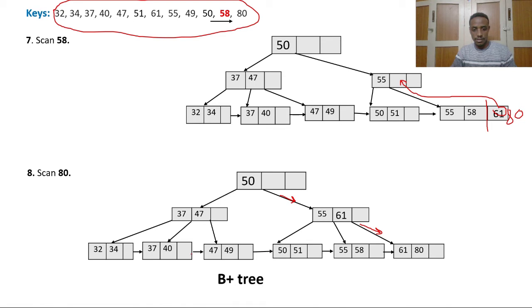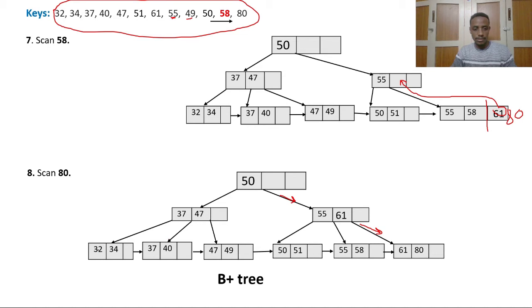And as we see here, all the values are in sorted order at the leaf level, but in the upper levels our values are not sorted, because 55 is less than 61, 49 is also less than 55, and 50 too, so those values are not arranged in ascending or sorted order.